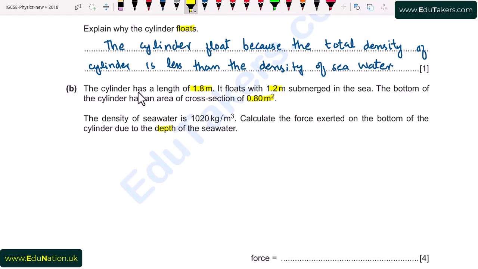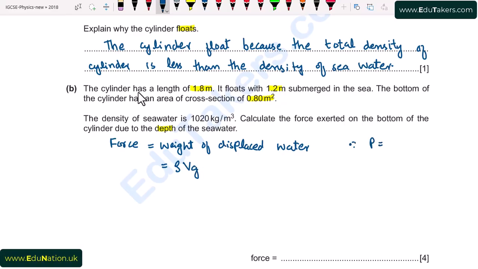So first of all, here we know that force will be equal to the weight of the displaced water. So I write here: force will be equal to weight of displaced water, and it will be equal to rho V g, because we know that pressure here is equal to rho g h, and pressure is force per unit area.